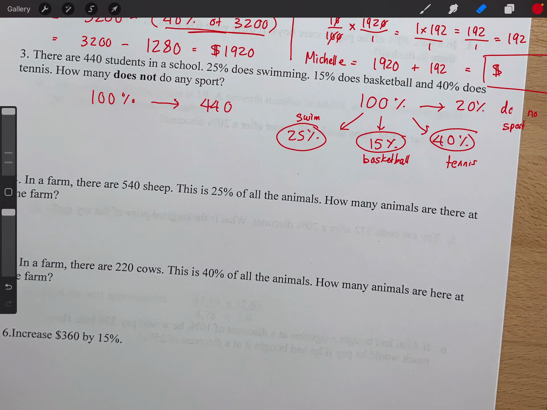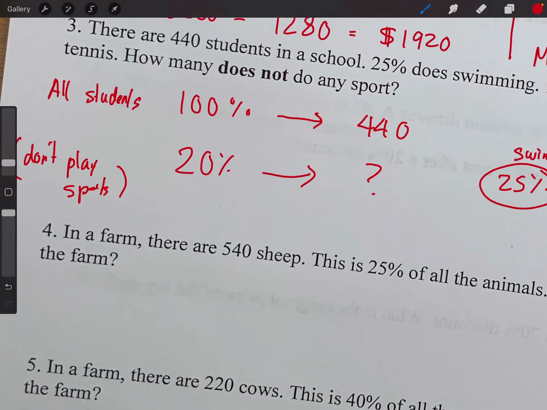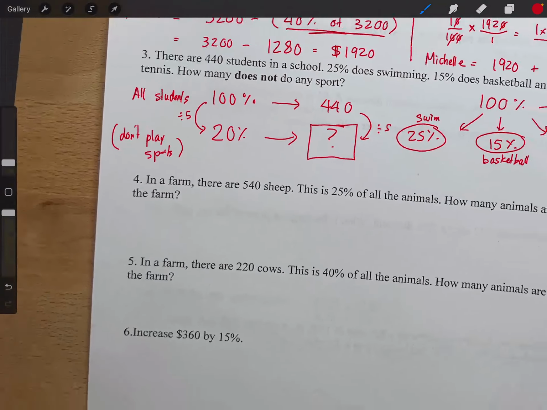Alright, so that means this is all the students, and 20% is the people who don't play sports, and the question is how many people don't play the sports? Well, if 100% is 440, what's 20%? How do we go from 100 to 20%? We divide it by 5. So that means we need to divide this by 5, and we will get the number of people who don't play any sports. So you can think of it that way.